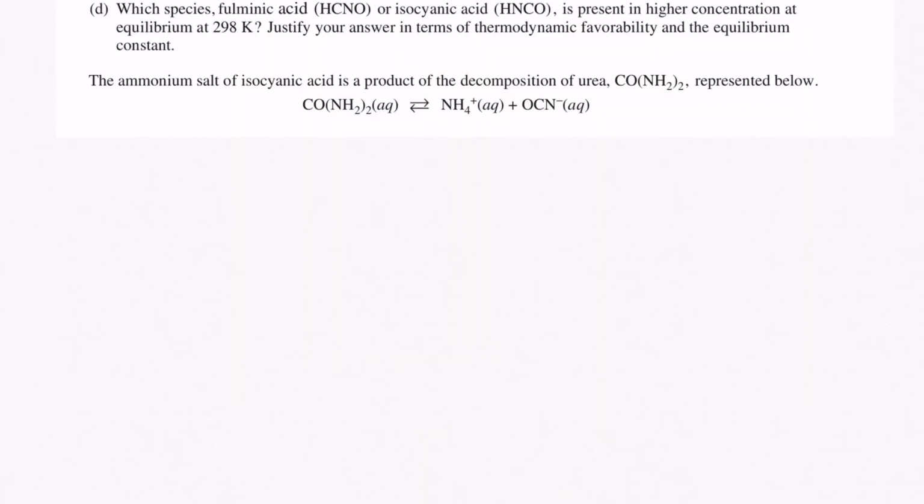So C asks about the delta S. We know that delta S is related to the phase change or the number of moles of gas changing. So there's no phase change in the previous reaction because it's from, let me rewrite that, HCNO to HNCO.